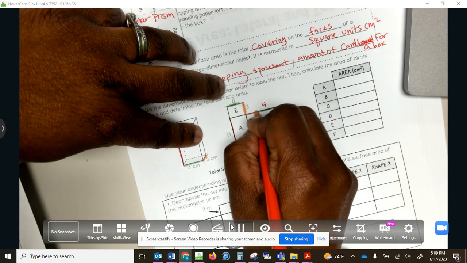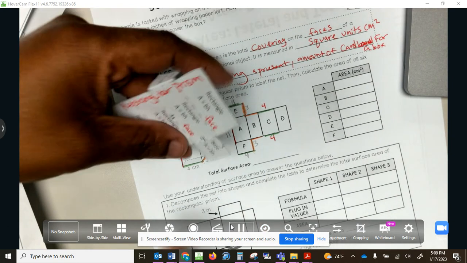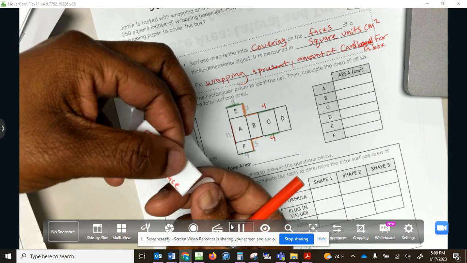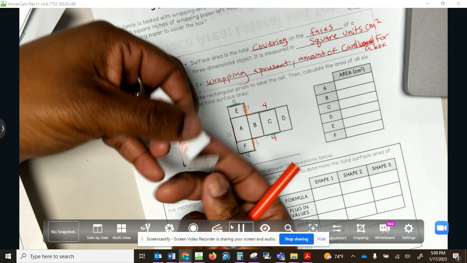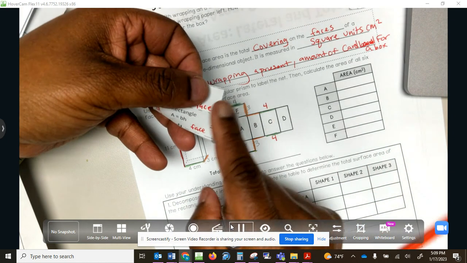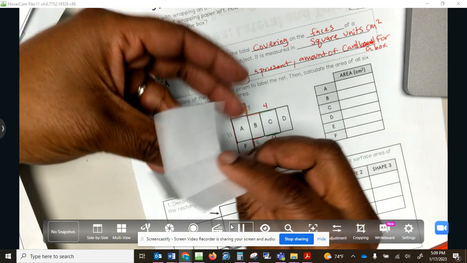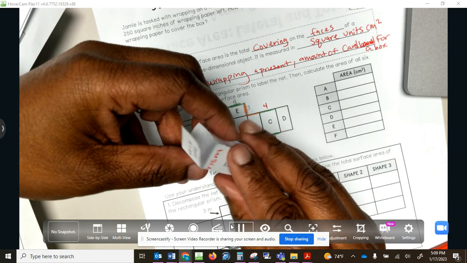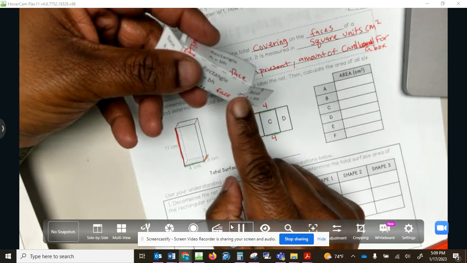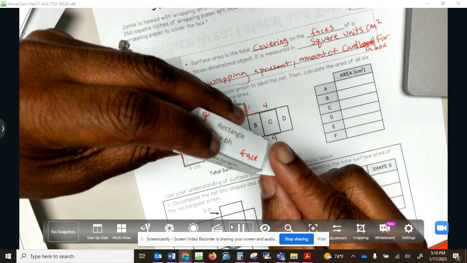And the reason I know that is that if I take my prism and fold it down, this side will match up. So if that's 3, this is also 3. If this is 4, then what's across from it should be 4. So if this is 4, this face should be 4. You see how that's working?